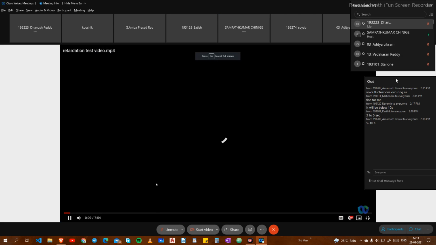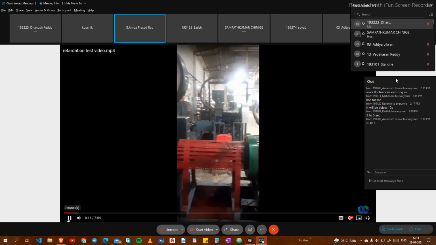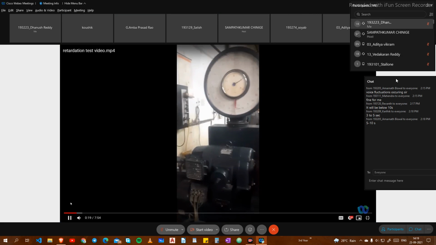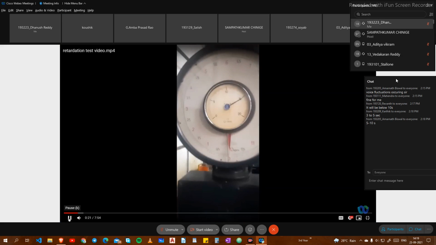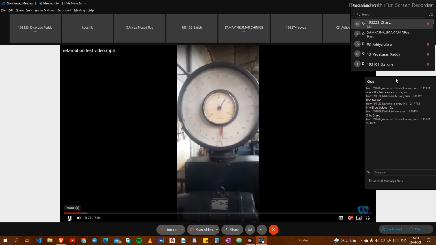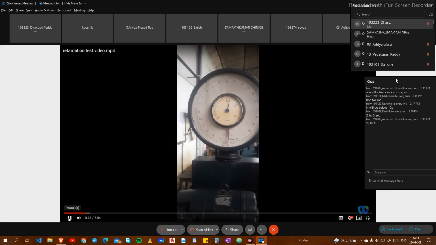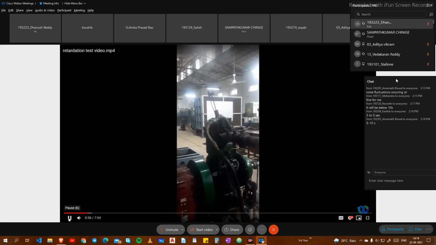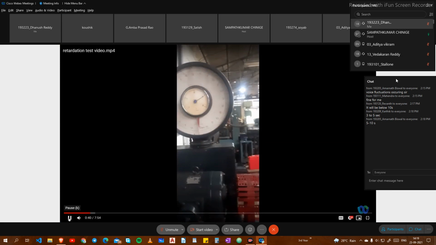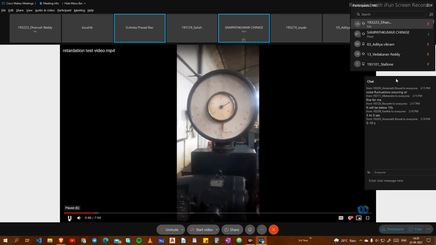This is the same engine on which we performed the performance test. Repeat the video, sir. This is the one, for the no load condition. We have taken 3 sets of readings for each load.